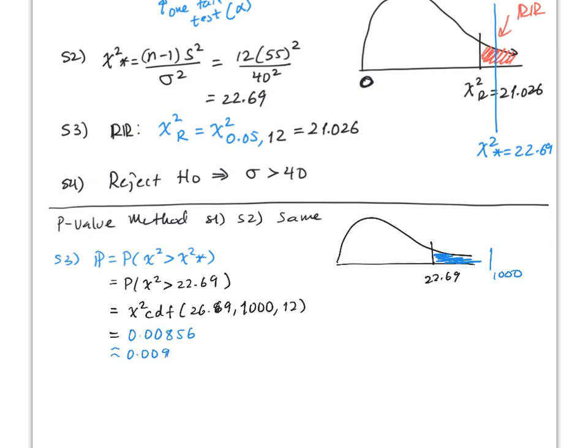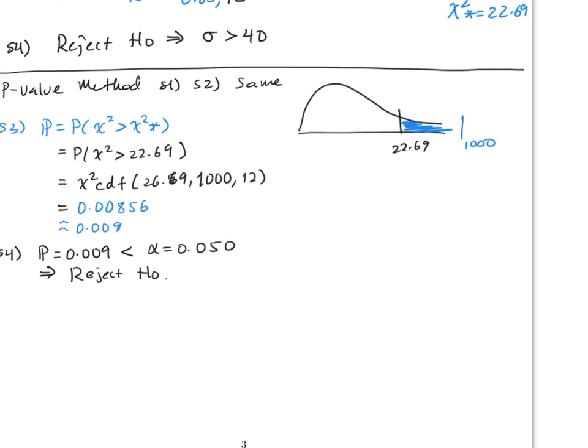All right, remember the point of finding the p-value is that you need to compare with the value for alpha, or here the value for alpha is 0.05. Clearly this is less, and less, remember, means reject H0.